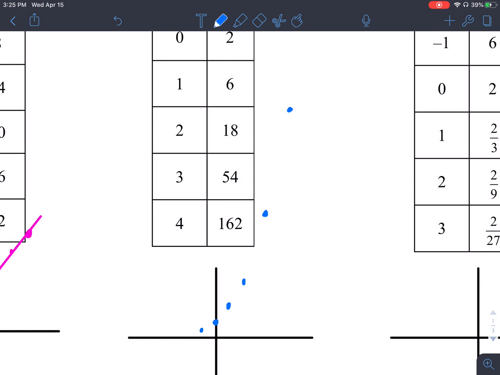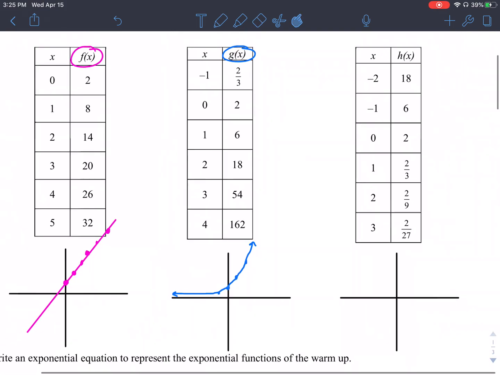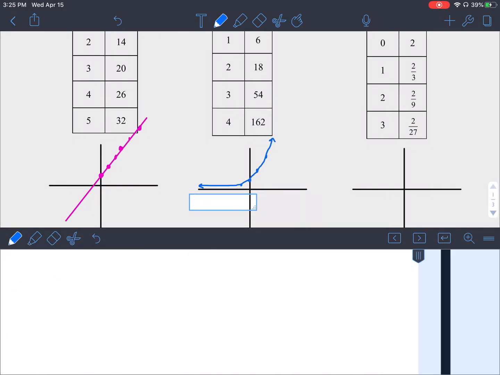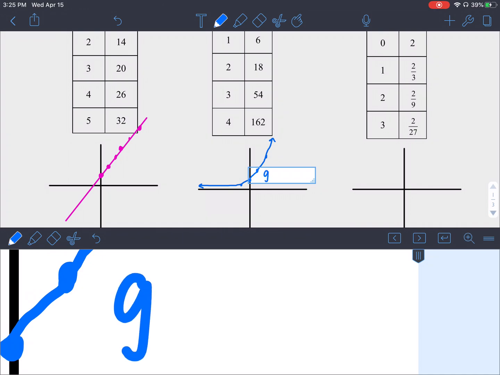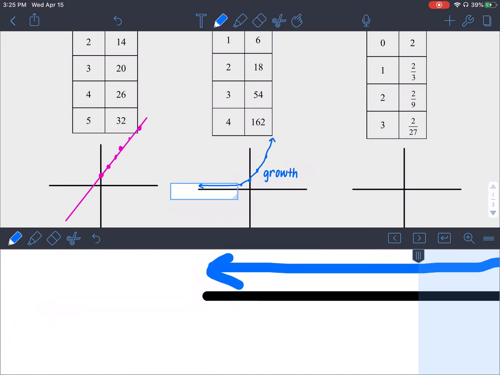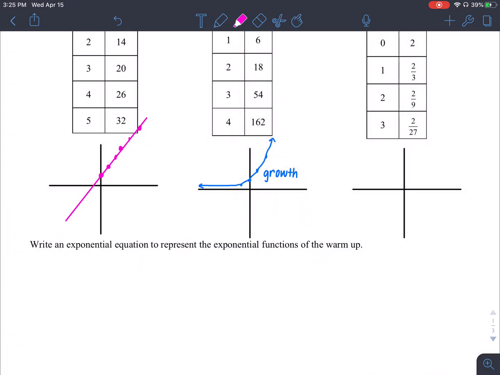So that's really increasing. If I connect it, I'm going to ignore these last two points, but we have the general shape, and we know that that is a growth because it's growing away from the x-axis, or in this case, that axis is the asymptote.